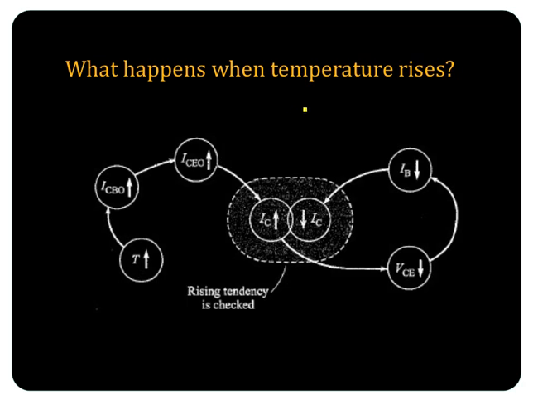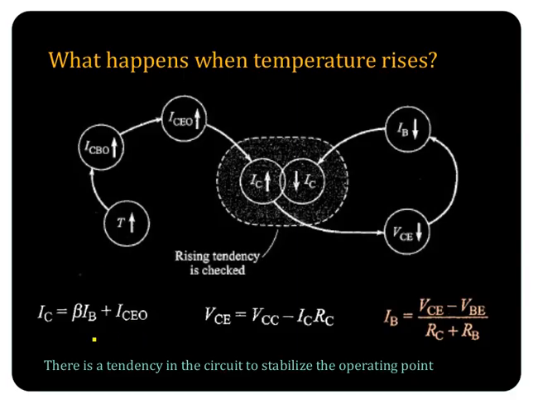So what happens when temperature rises? As temperature rises, you can see the reverse saturation current is increasing, which is causing an increase in ICEO, and as ICEO increases, you can say that IC will increase. Why? Because IC equal to beta IB plus ICEO.